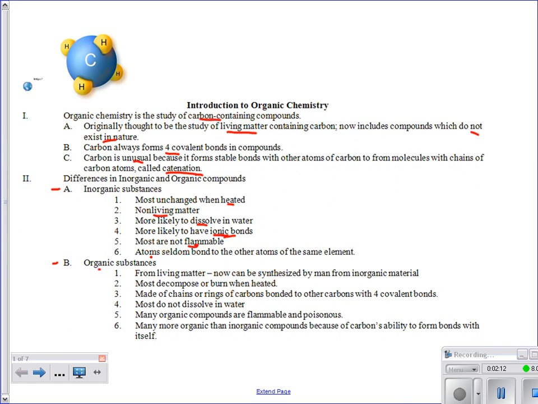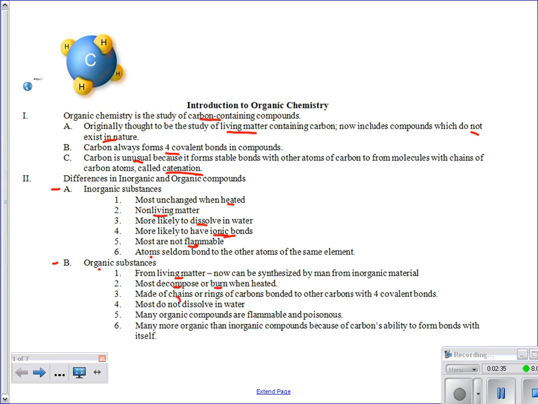Now with organic compounds, again, this is mainly from living matter, but you can get some things that are synthesized. Most decompose or burn when heated. We will see when we start talking about reactions that those are combustion reactions. When you take a hydrocarbon, expose it to oxygen, and give it enough energy, it burns in air.